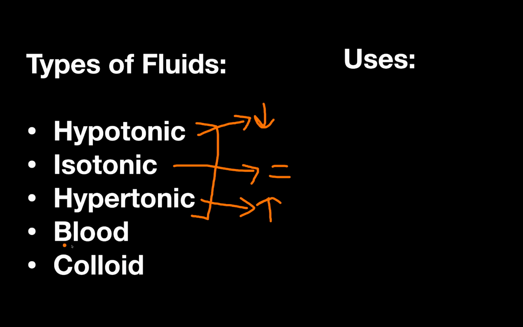Blood products are essentially identical to blood. They're a little bit different because of how they're stored, but you can think of them as essentially a blood equivalent. And then colloid is a little bit unique, where instead of maintaining tonicity with electrolytes, we really are focused on osmotic pressure with these big proteins like albumin. And we'll talk about that a little bit more on our physiology slide.